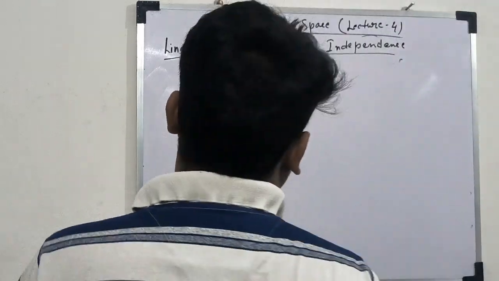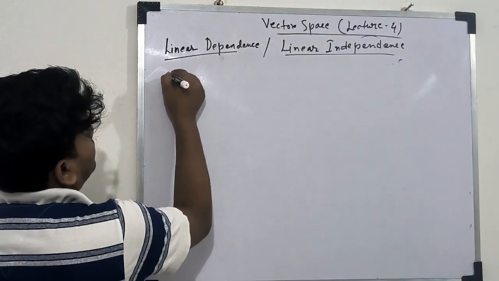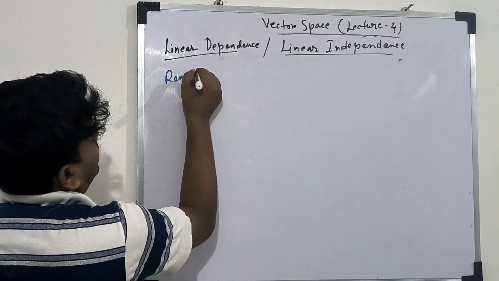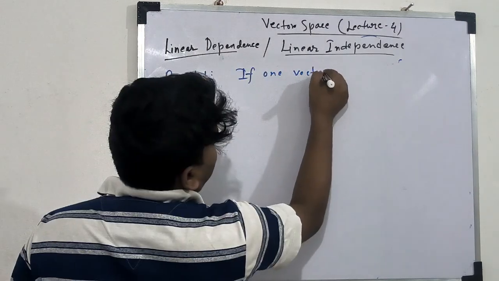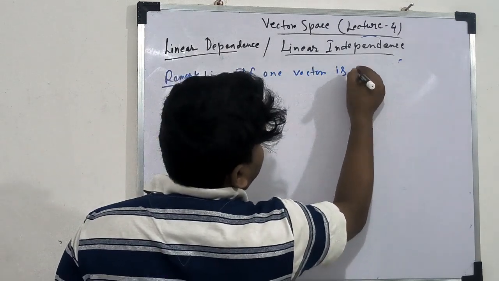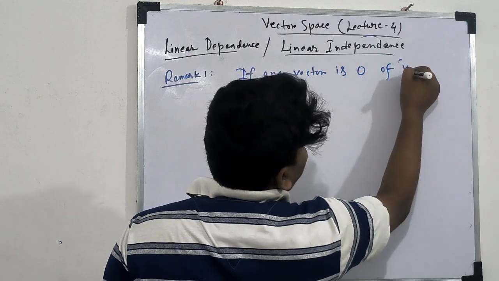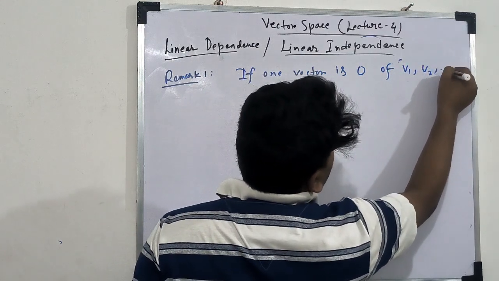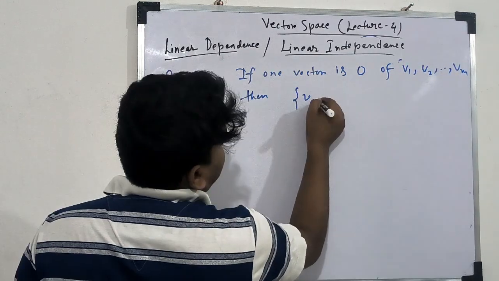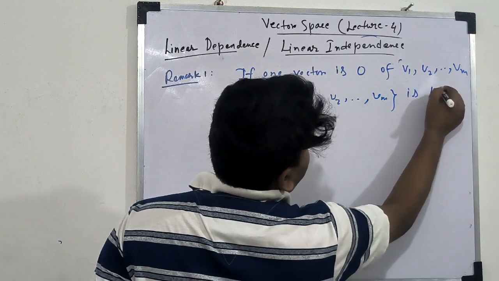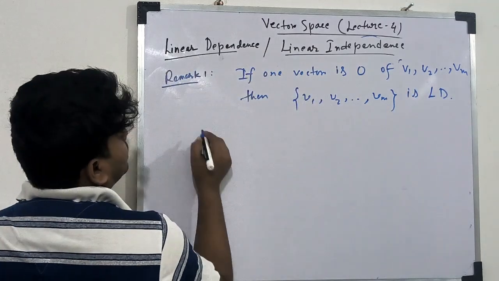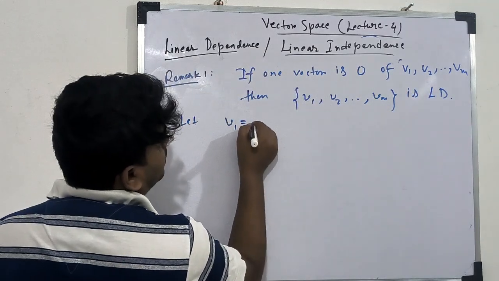Now we discuss some remarks on linear dependence and independence. So first, remark 1: if one vector is 0 among v1 v2 dot dot vm, then this set is linearly dependent. How? So let v1 equal to 0.